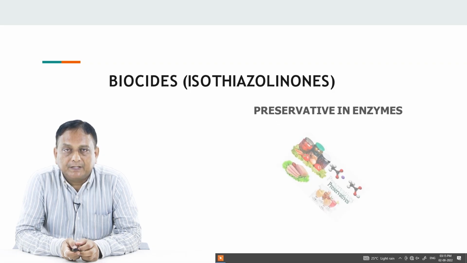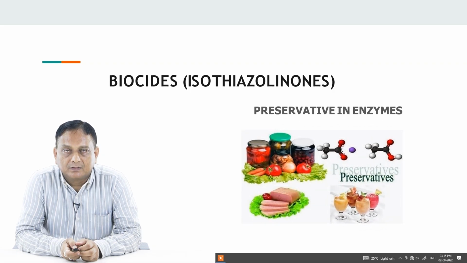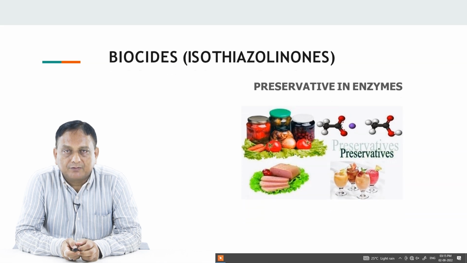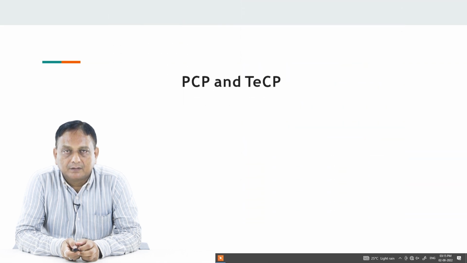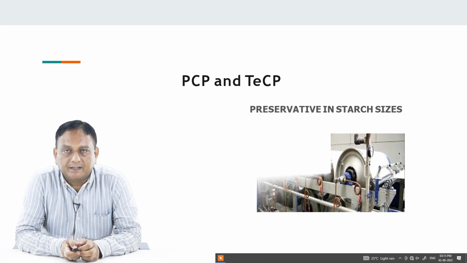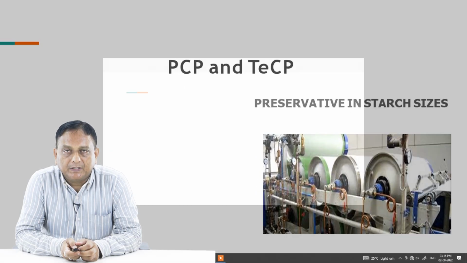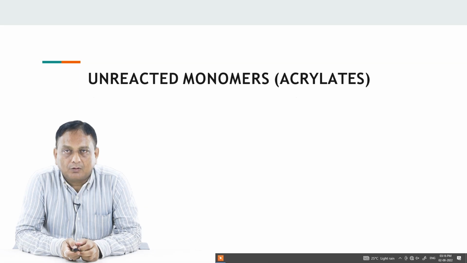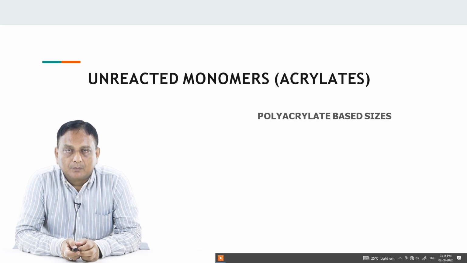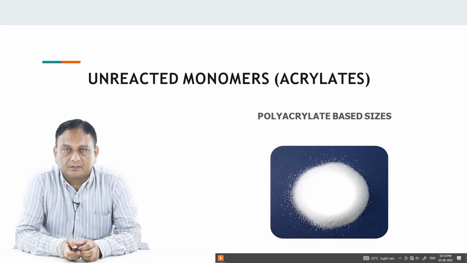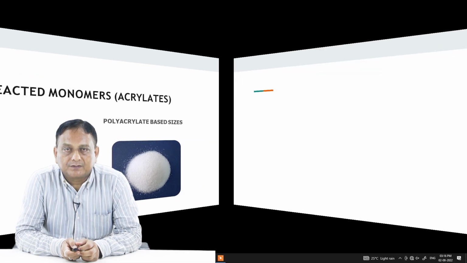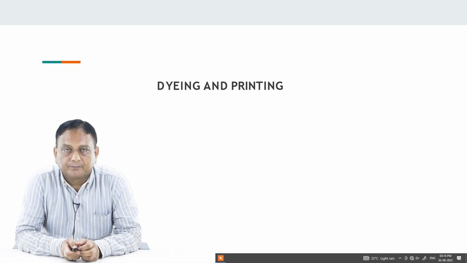They are preserving agents for enzymes, so isothiazolinones are used as a biocide in these agents. PCP and TeCP are also important, as preservatives in starch sizes. These are all potential MRSL items. Unreacted monomers like acrylates, polyacrylate-based sizes, are unreacted monomers used for this purpose.